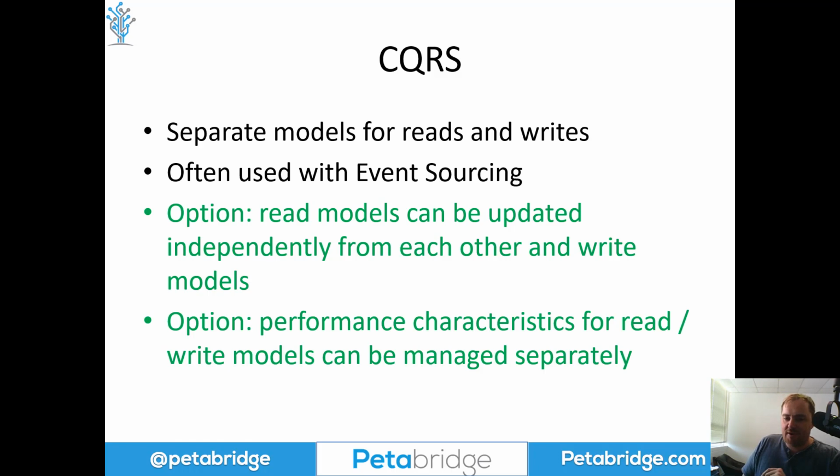The other big benefit of doing this is that you can tune the performance characteristics separately for read and write models. Good example, if I have a super high throughput read-oriented system where I need the ability to get notified about, let's say, real-time updates to something like a stock ticker price, and I still want to use event sourcing as part of my design there, where I go ahead and persist the event, and that persist call might also cause that event to be written to something like a Redis topic, or maybe an Azure Event Hub topic.